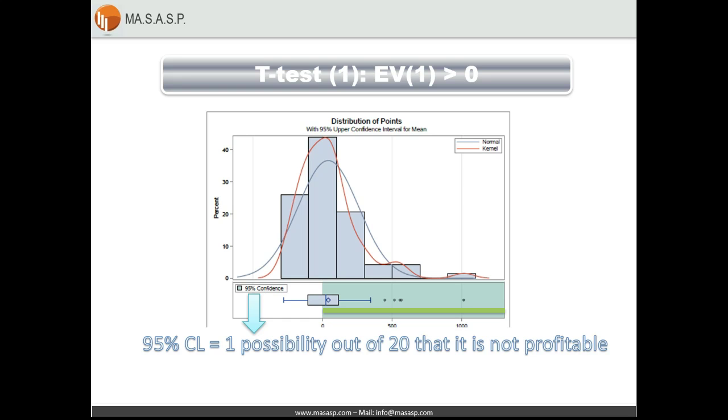In the next part of this lesson, in the next video, we are going to focus on another kind of t-test, which focuses on the trade construct and on the predictive model separately. The purpose of this refined t-test is to figure out whether the predictive model delivers an upgrade to the trade construct.